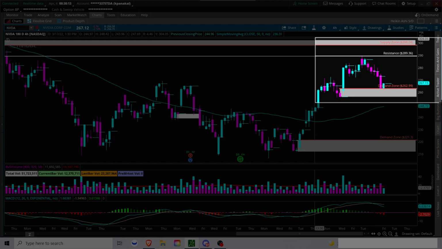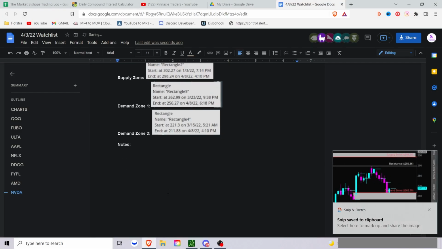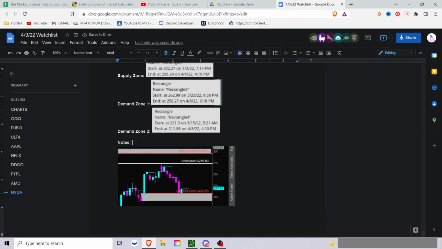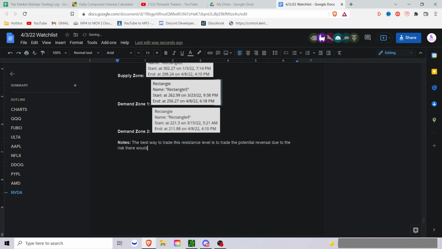We got a screenshot with the supply zone, so we can explain here that the best way to trade this resistance level is to trade the potential reversal due to the risk there would be if entering calls on the breakout due to the supply zone.